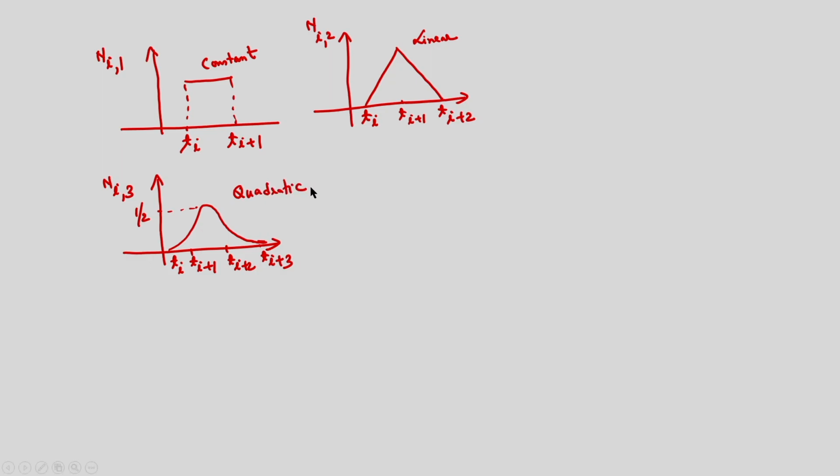And if I consider a B-spline of order 4, that is Ni4, I need 5 knot points Ti, Ti plus 1, Ti plus 2, Ti plus 3, Ti plus 4. So I will be getting the B-spline function like this.